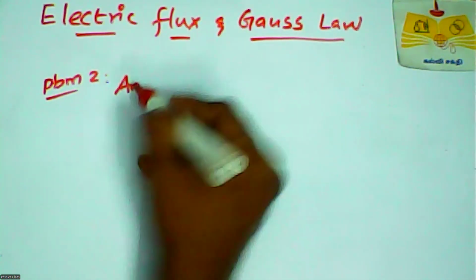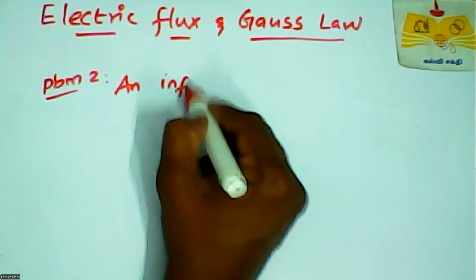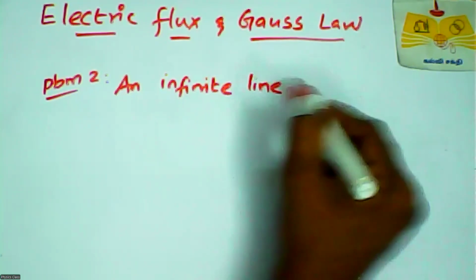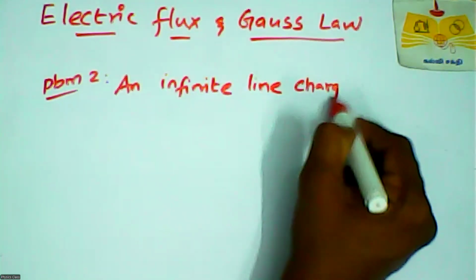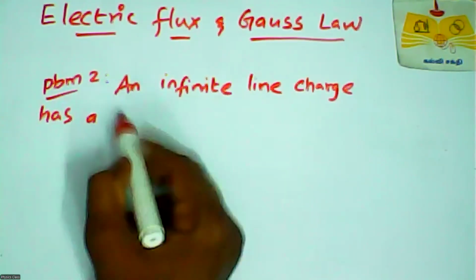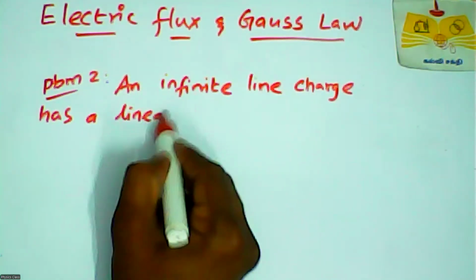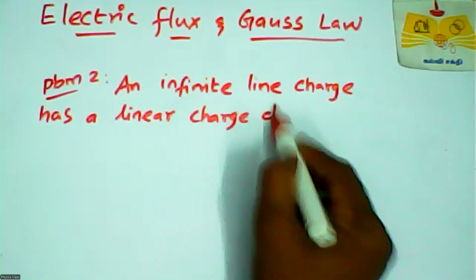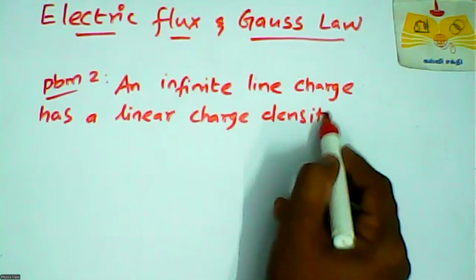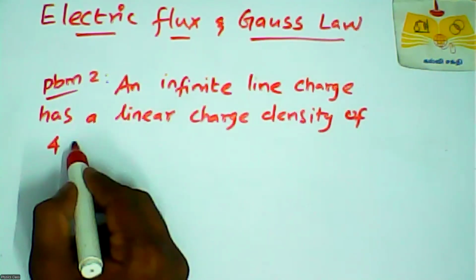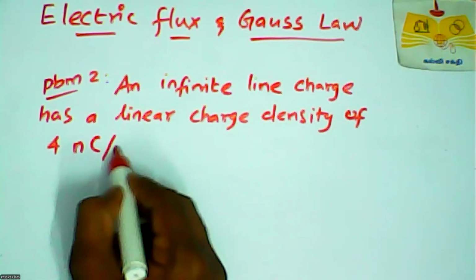An infinite line charge has a linear charge density of 4 nanocoulomb per meter.